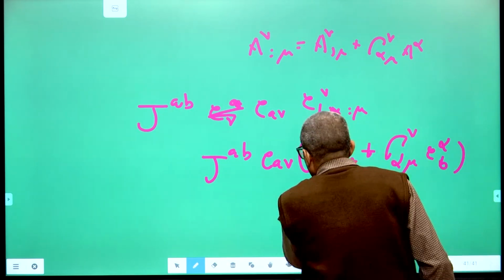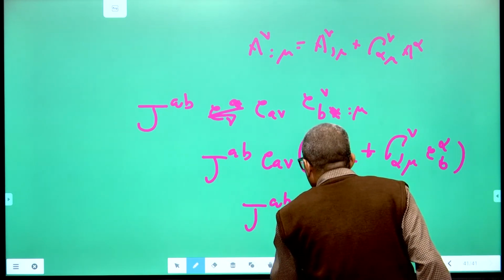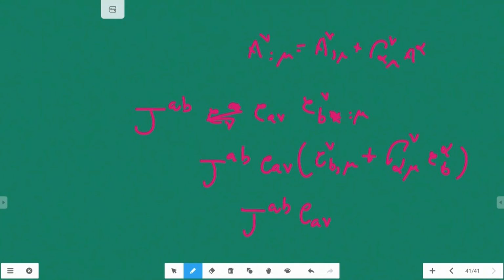So I can write the second term as J_AB E_A^ν then E^α_B. I can bring the ν on the top, then Γ_ναμ, this index comes down, so this is G_να comma μ plus G_νμ comma α minus G_μα comma ν.